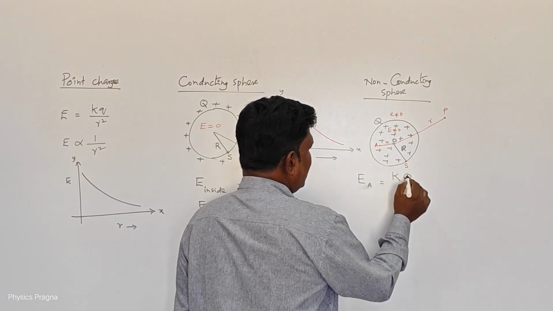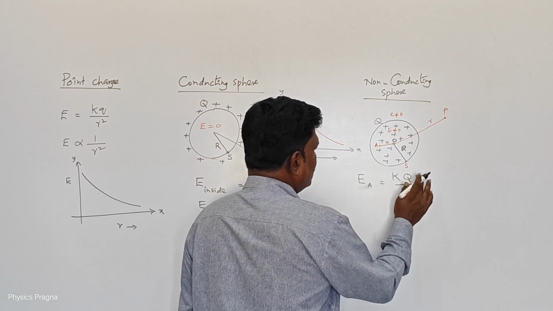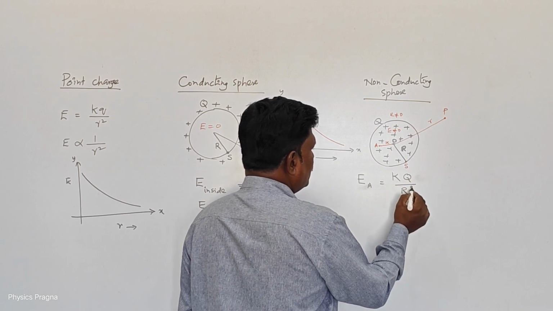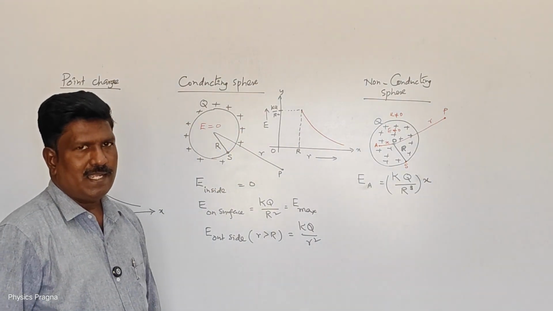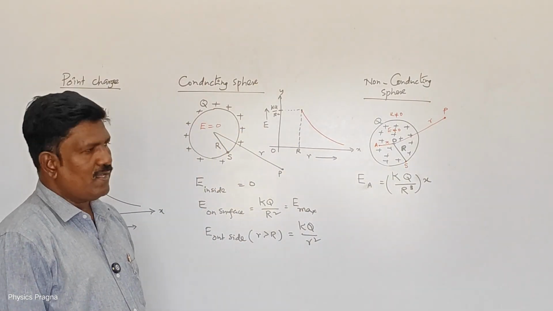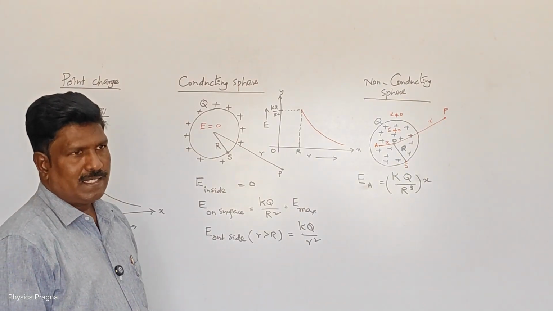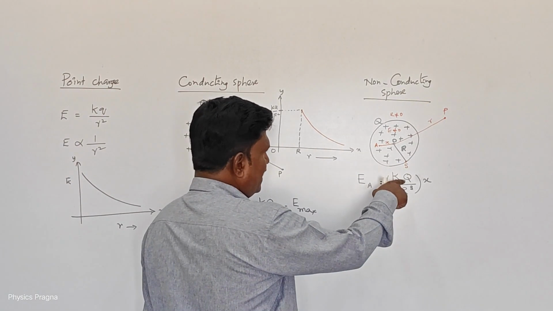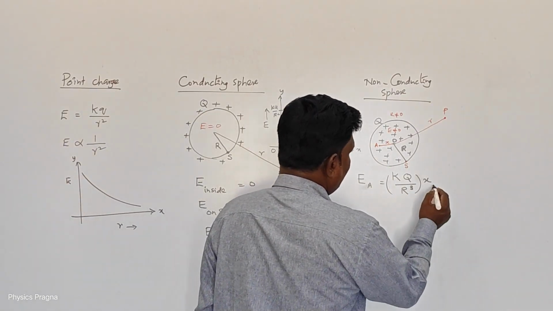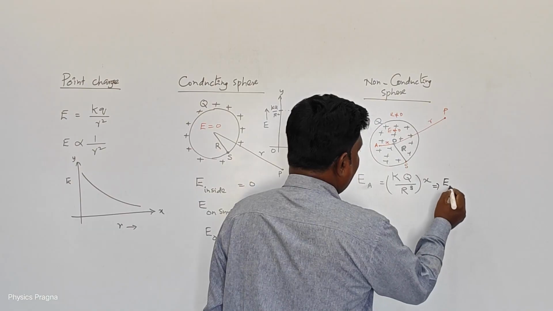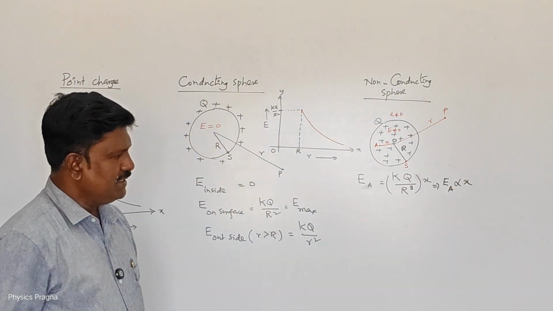KQ x by R cube, that is, KQ by R cube into x. That is the formula. Don't forget that formula. The electric field inside the non-conducting sphere at x distance is kq by r cube into x. From this, we came to know that inside the sphere E is proportional to x distance.